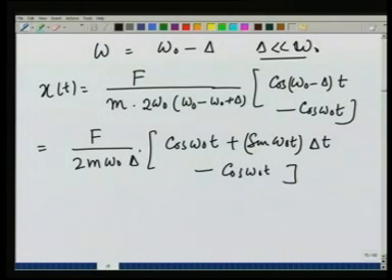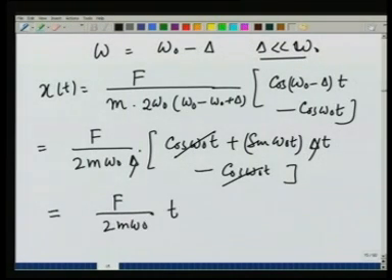In fact, delta finally I am going to take the limit of going to 0. This cancels. So, this answer comes out to be, this delta will then cancel with this delta, f over 2 m omega 0 times t sine of omega 0 t.